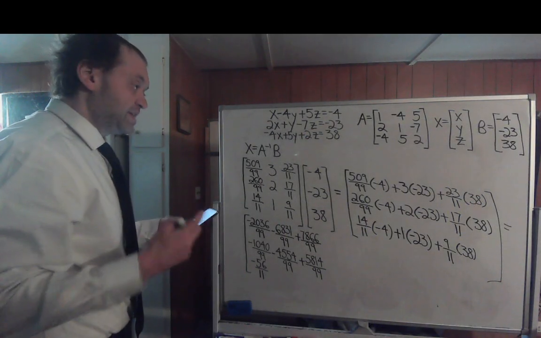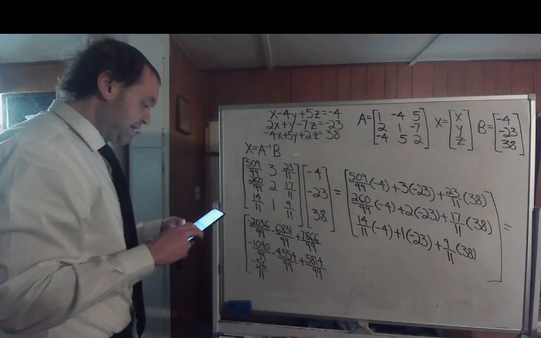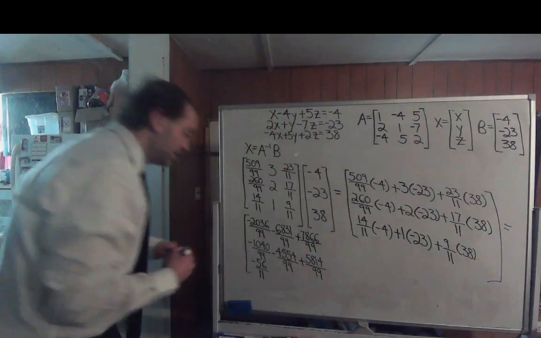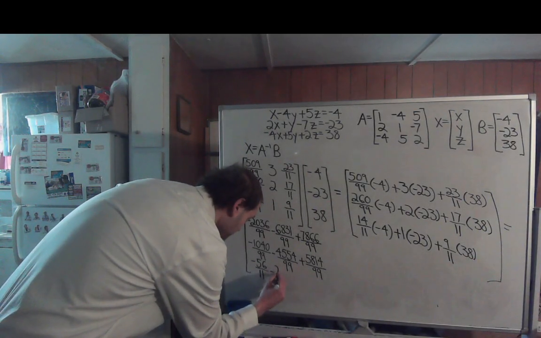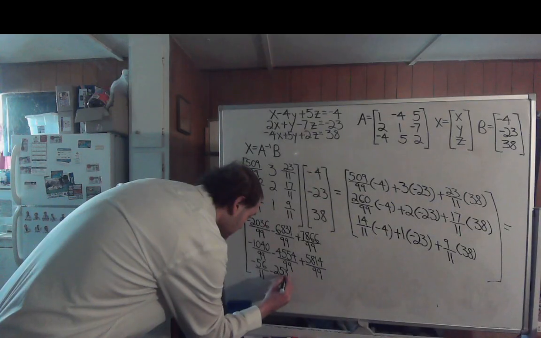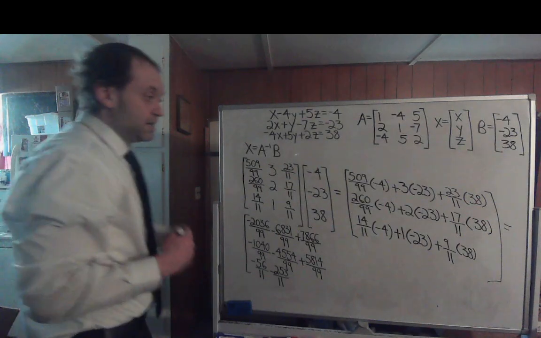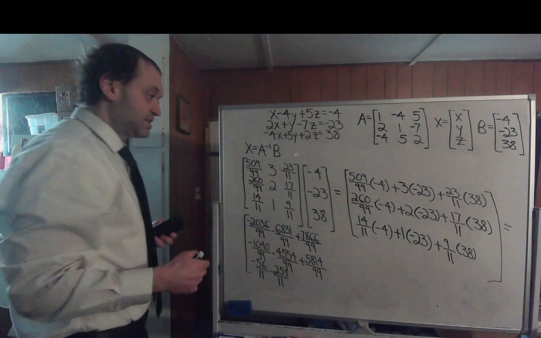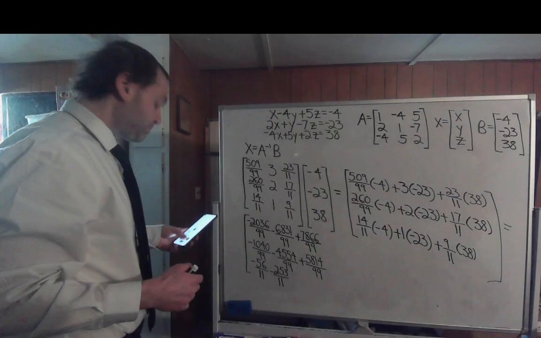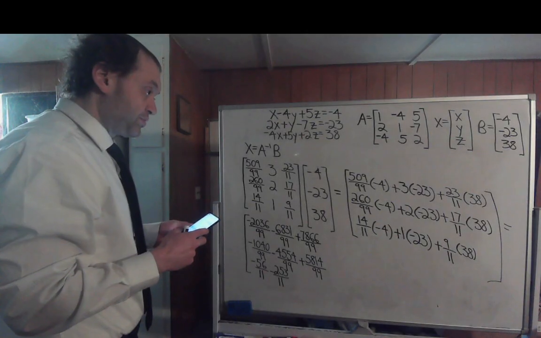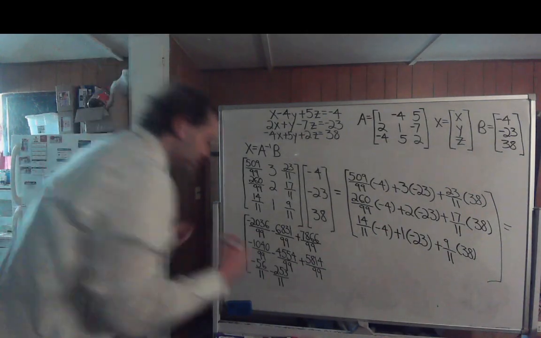But we need to take that negative 23 and multiply it by 11 to have the same denominator. That'd be minus 253/11. And then 9 times 38, let's figure out what that is. That'd be 342/11.